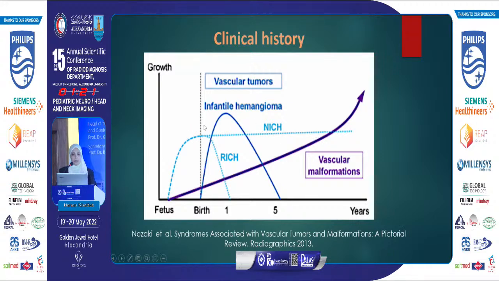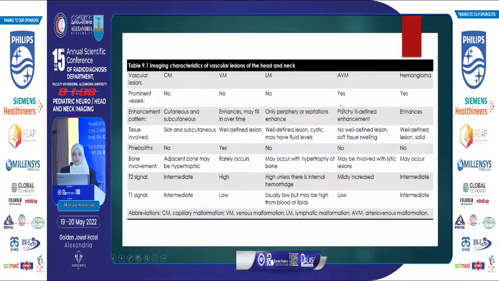If it's fully formed, present at birth, and rapidly involutes within the first year of life, it is a rapidly involuting congenital hemangioma. However, if the lesion is present at birth and grows proportionately with the patient, it is a vascular malformation.